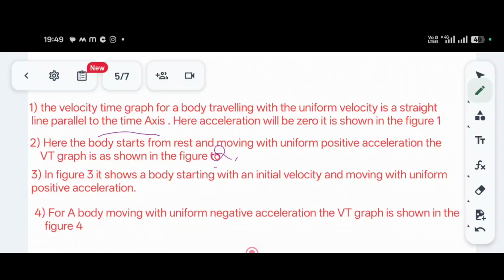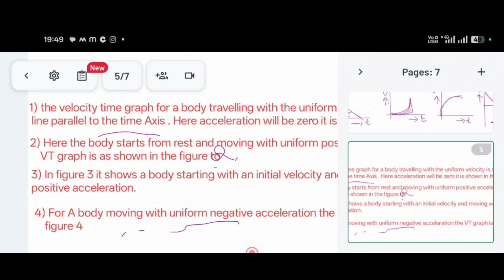The figure 3 shows a body starting with an initial velocity and moving with uniform positive acceleration. And in the fourth, a body is moving with uniform negative acceleration, and it is shown by the VT graph as in the figure 4. Then let us go to the next slide.